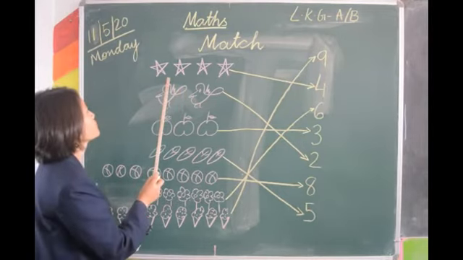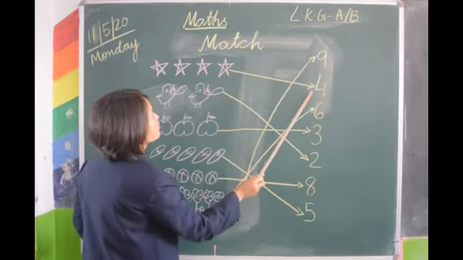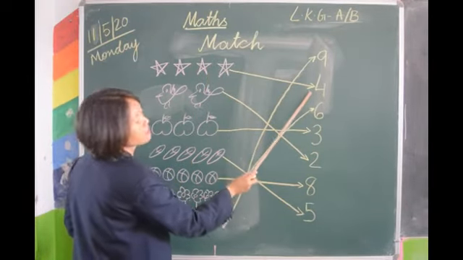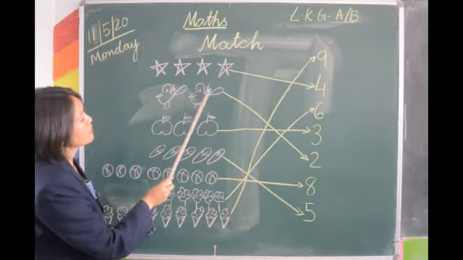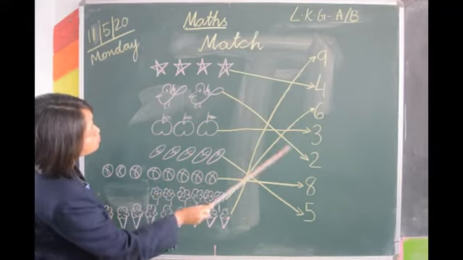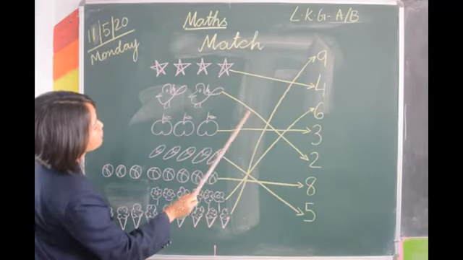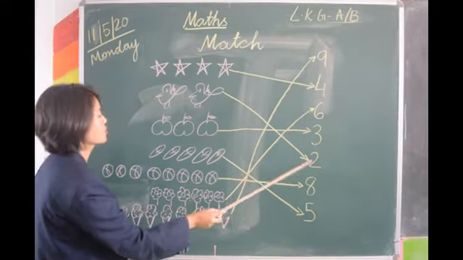We'll do the revision. 1, 2, 3 and 4. So we have drawn the line till 4. Now here 1 and 2 birds are there. From this picture to this number, we have already drawn the line. So this is which number? This is 2.